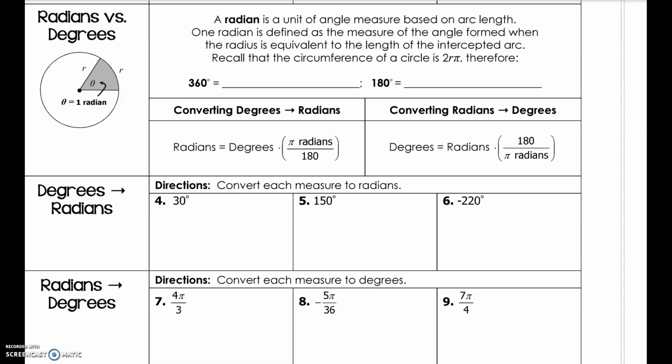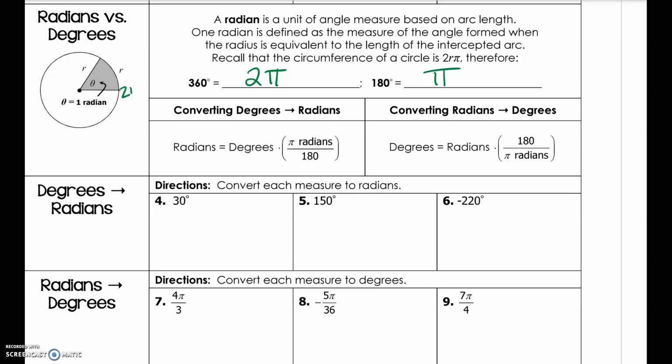So you just finished watching a video about radians and exactly where they come from. We can conclude that 360 degrees is 2 pi radians and 180 degrees is pi radians.